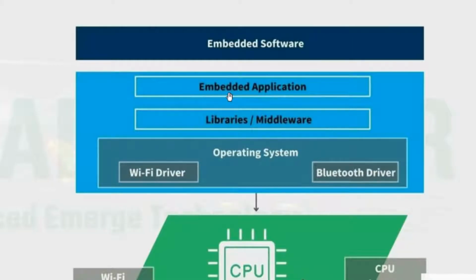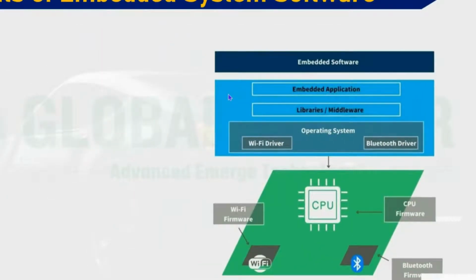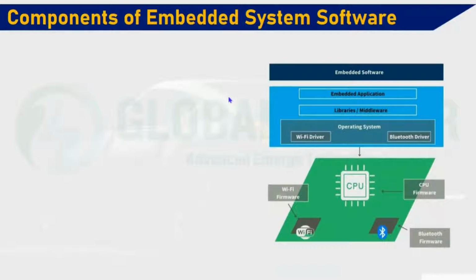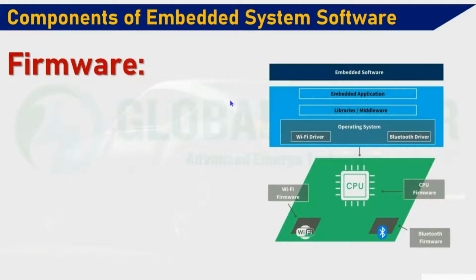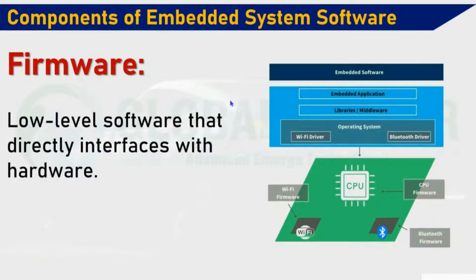For this application software to work on top of the hardware, it requires drivers, and some low-level software that interacts directly with the hardware. Like the Wi-Fi drivers or Bluetooth drivers, it requires firmware that is configured with respect to the drivers. It will be the low-level software that interacts directly with the hardware.